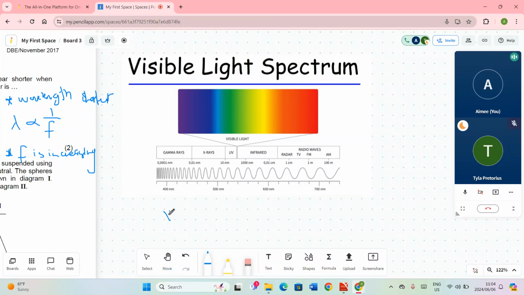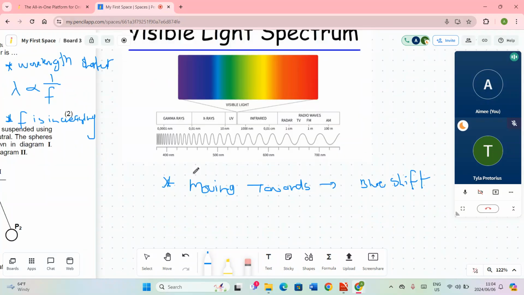Okay, and the other thing you need to remember is that moving towards means there's a blue shift, which means you'll experience a shift to the blue side of the spectrum with a shorter wavelength and an increased frequency.